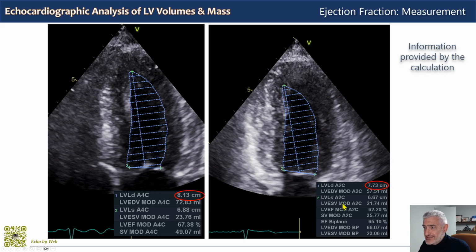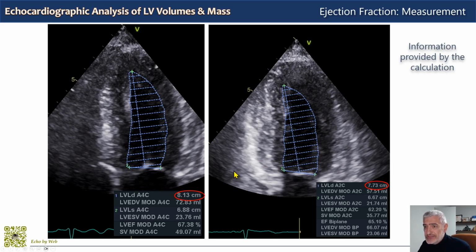In the results panel on your machine, you will find the volumes, the 2D stroke volumes, the biplane volumes obtained, and the stroke volume obtained from the volumes. And I usually discard the 2D stroke volumes on a machine because I think that pulsed Doppler stroke volume is much superior, more reliable. But the very important measure here is the left ventricular long axis, the end diastolic long axis.